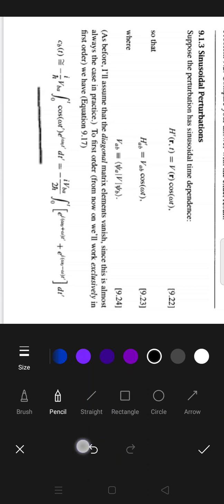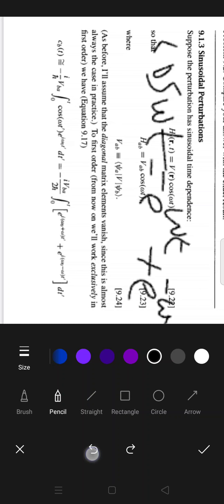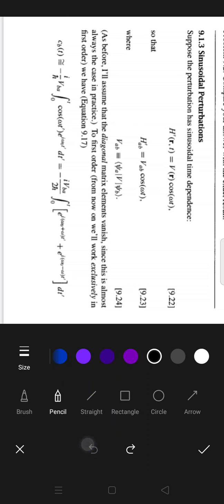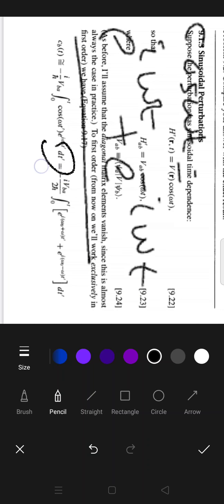We can write the cos in terms of exponentials: cos omega t can be written as e power i omega t plus e power minus i omega t, divided by 2.